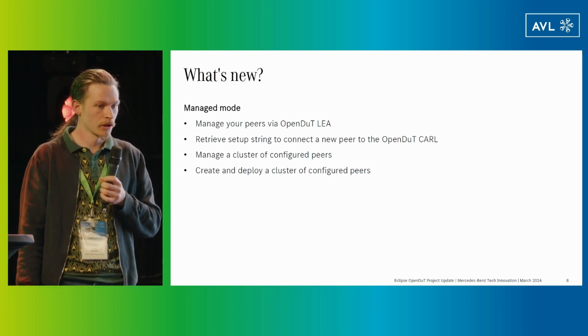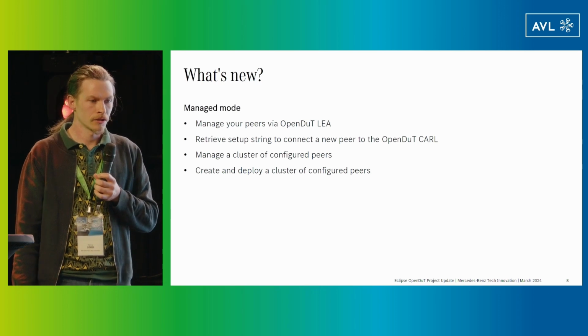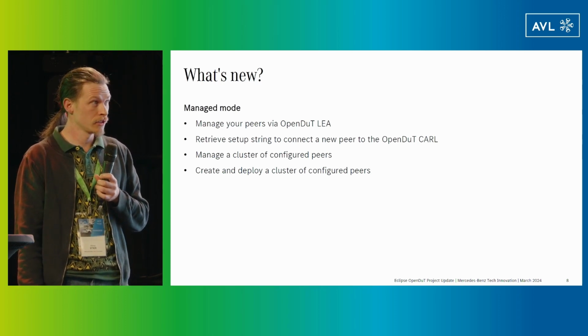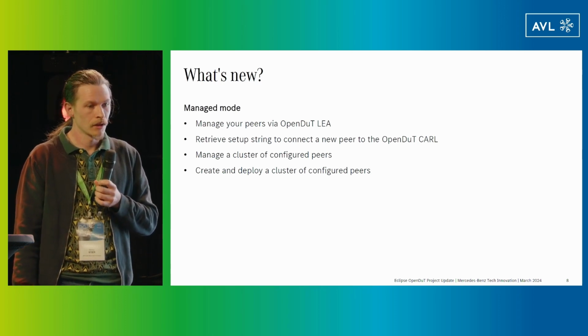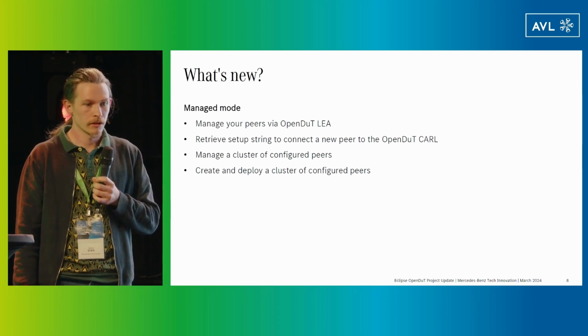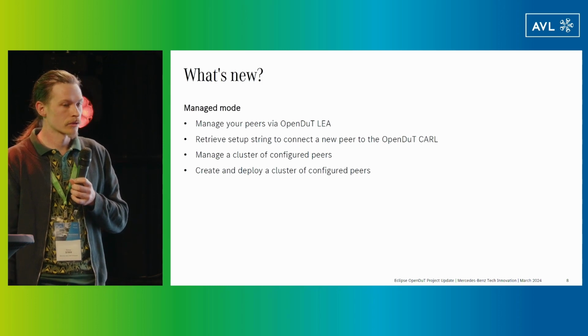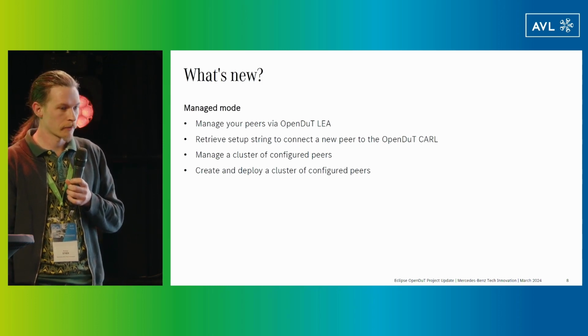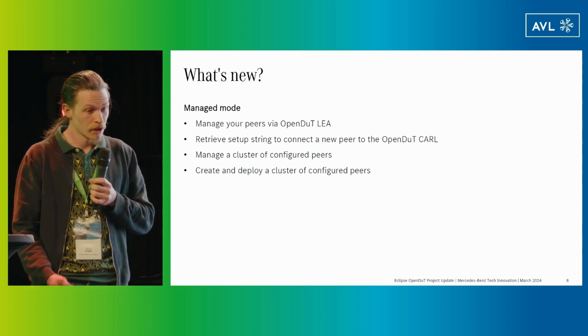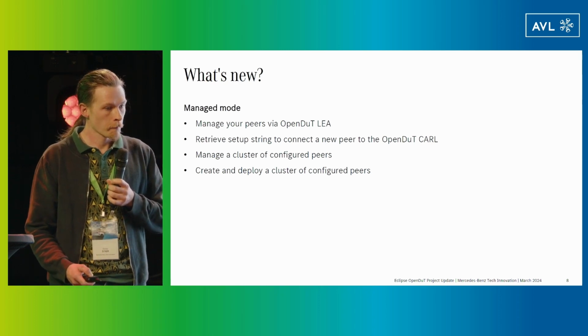It only needs connectivity to CARL, and for that we use WireGuard and do the network connection totally encrypted, and we are using NetBird to do the back-end management for the network traffic.